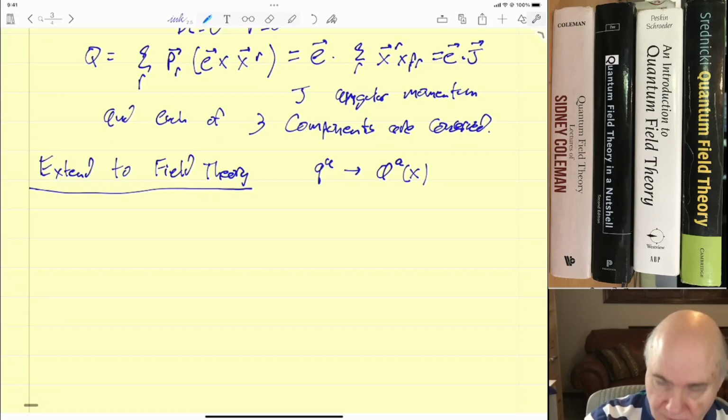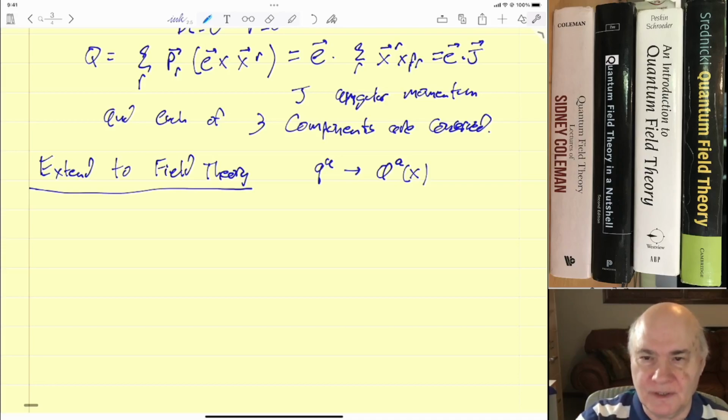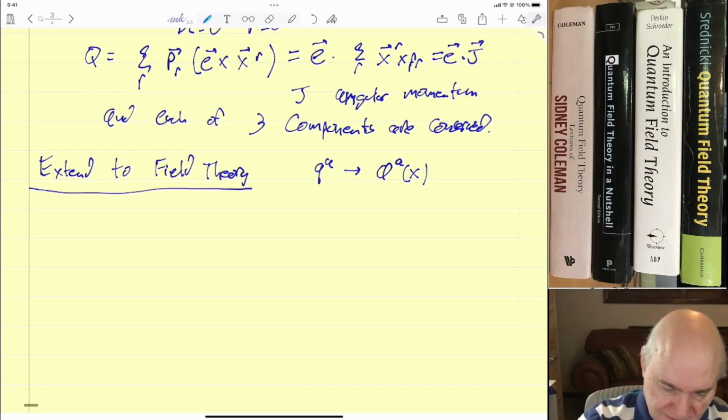And the difference in field theory is that because we work with Lagrangians and we integrate local fields, we get what's called local charge conservation.